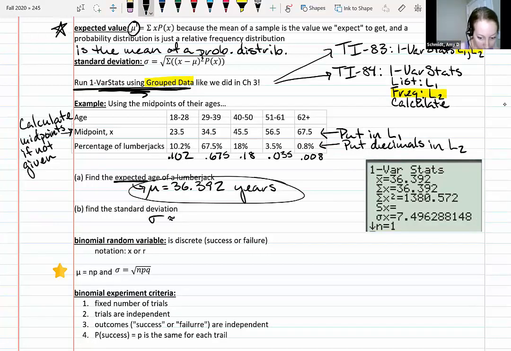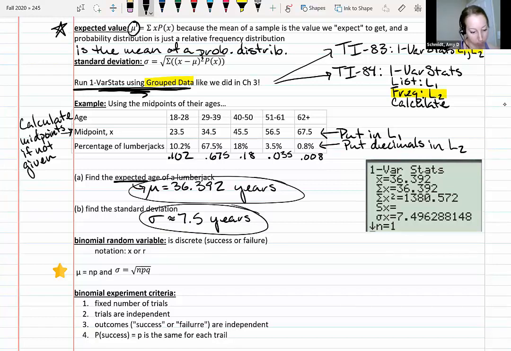So that will be 7.5-ish or whatever my lab tells you to round to. We don't use the standard deviation very much in this chapter. What does it tell you in real life? It tells you how much variation or how spread out you expect the ages of lumberjacks to be.